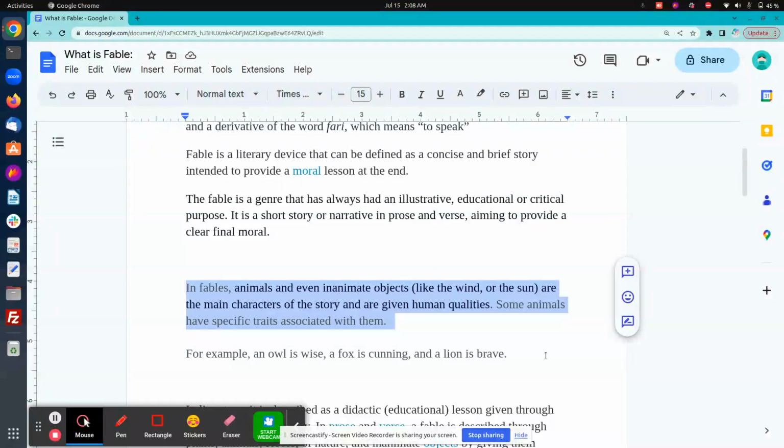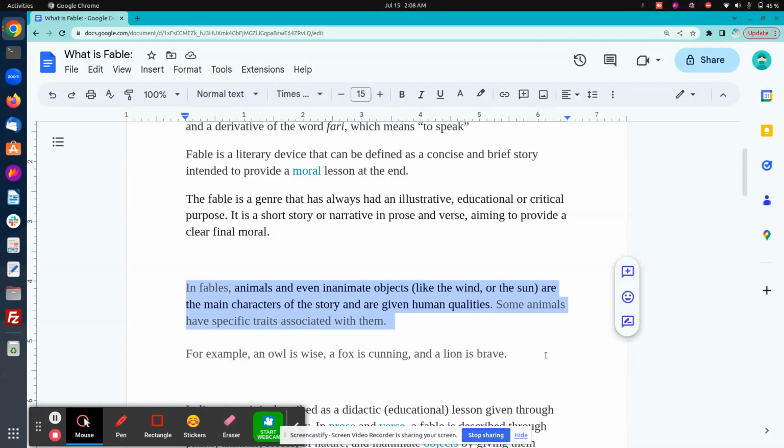In fables, animals and even inanimate objects, such as the wind or the sun, are the main characters of the story and are given human qualities. Some animals have specific traits associated with them. So what they do in fables is that there are no humans.